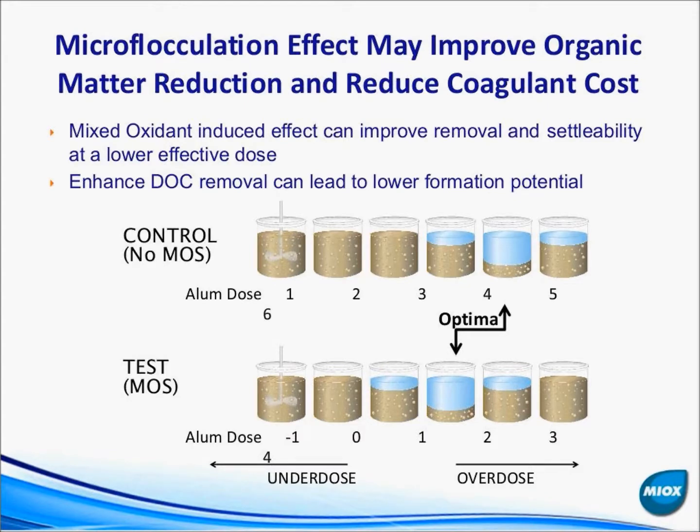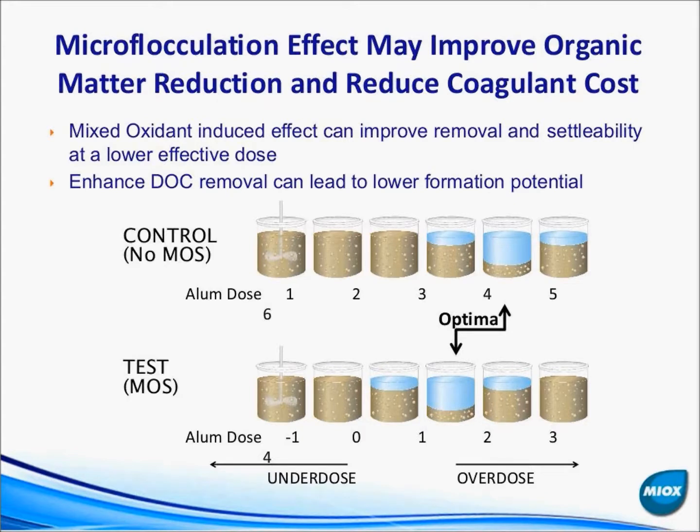Won't adding chlorine further up the stream create more problems? In reality, the microflocculation effect, if it occurs, and we can do some things to predict whether or not it's likely to occur in your water, can actually help that. So it does feel a little counterintuitive, but it can be a very powerful tool that you can use.